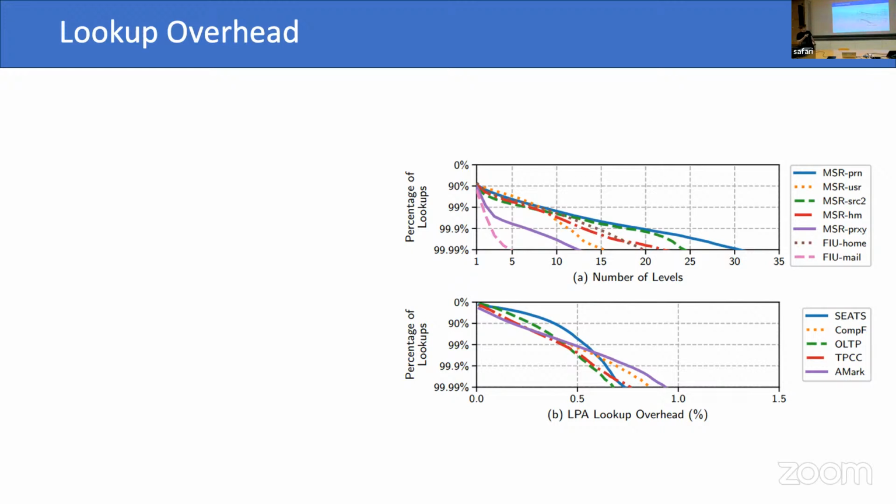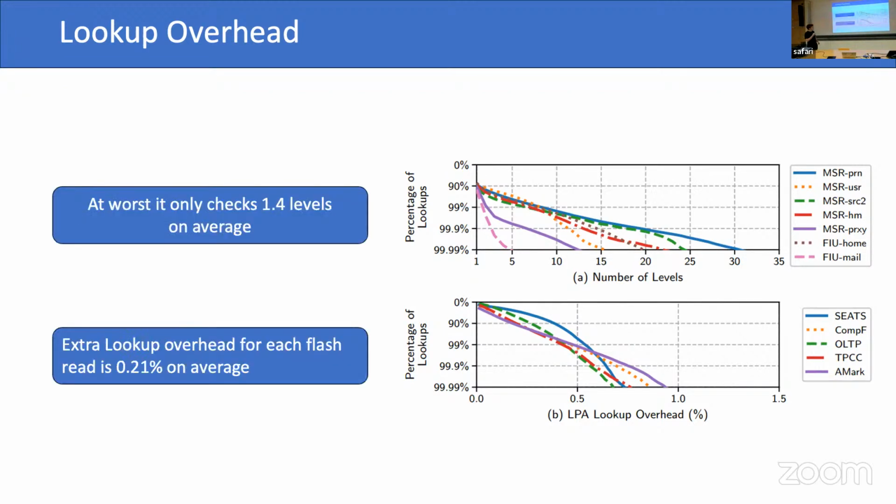We can see that in most of it, we actually only stay on the first level to look up on our structure, while when going a bit on the most strange one, we could say, we actually get to a lot of levels, but overall, it only checks 1.4 levels on average, so it's kind of good.